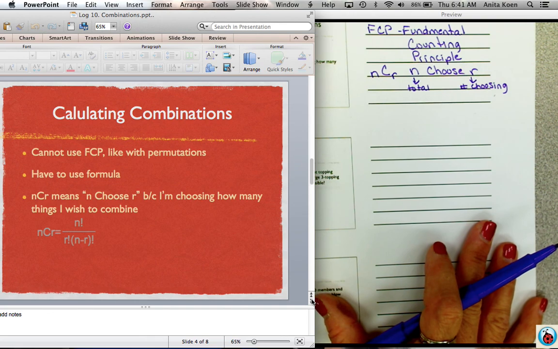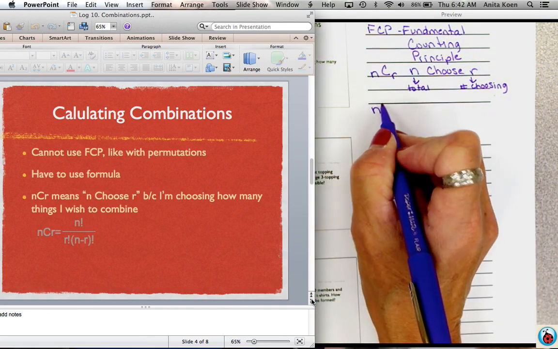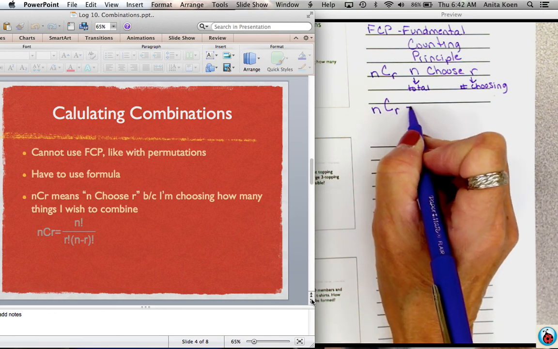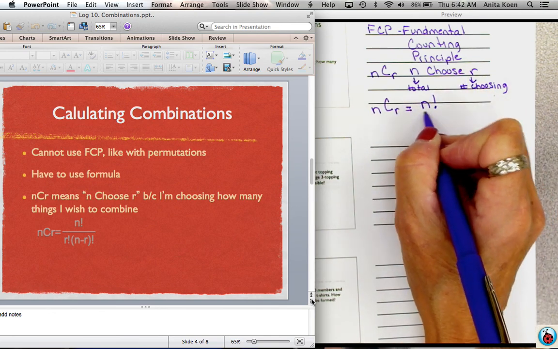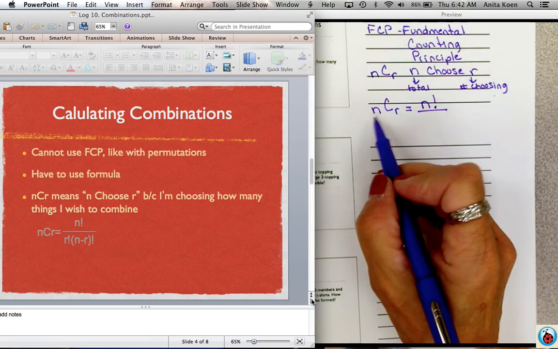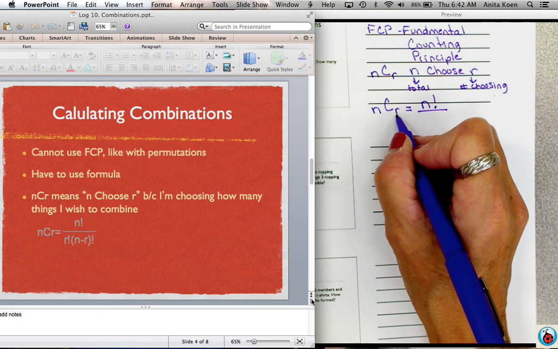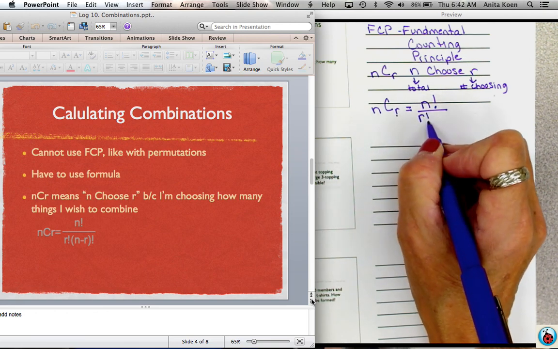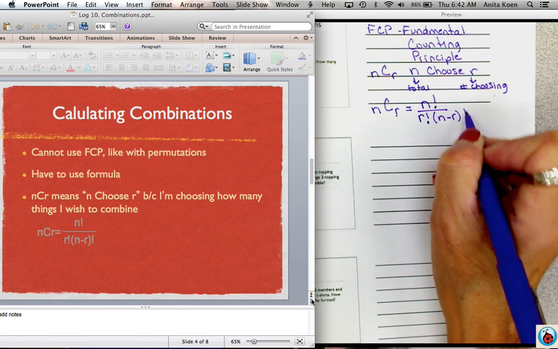So N choose R. And the formula that I'm going to be using for N choose R looks a lot like the formula that we use for the permutations. It's still the total on top. Then you take the number that you're choosing and then you subtract the two.